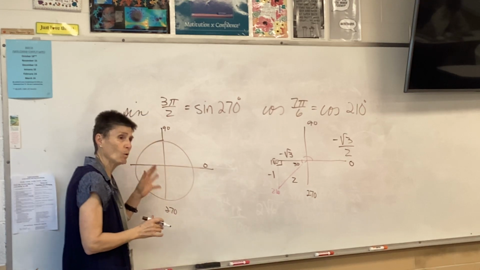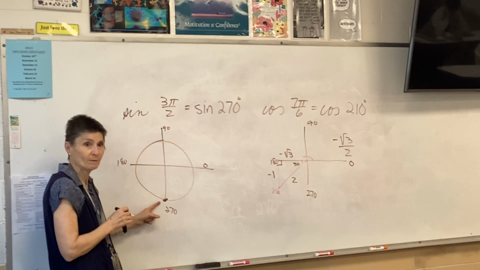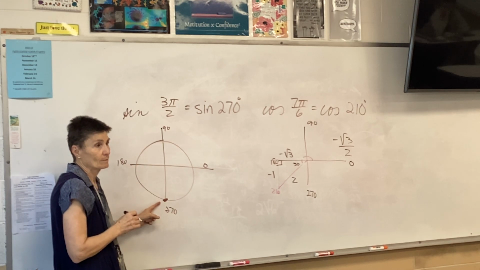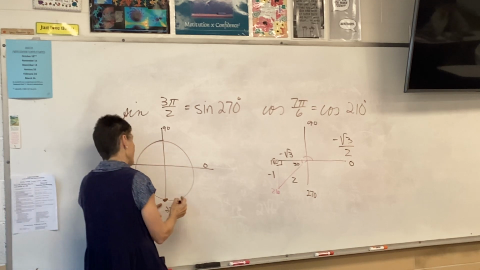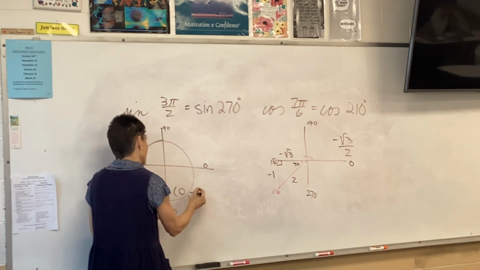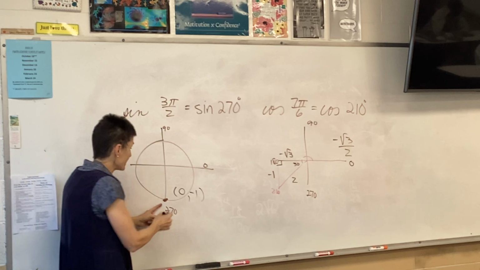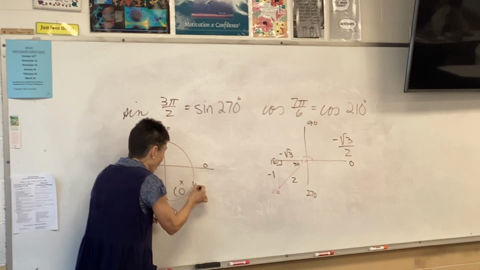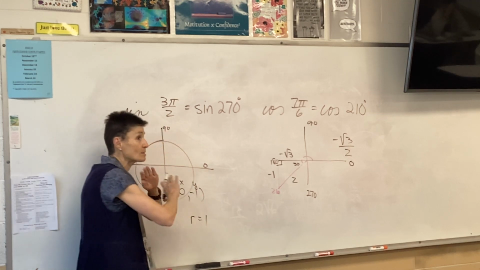And you can label the whole thing if you want, but this is really the only point you care about in this problem, because it's the 270 point. And what would that point be? 0, -1. Beautiful. So the x is 0, the y is -1, and r is 1.